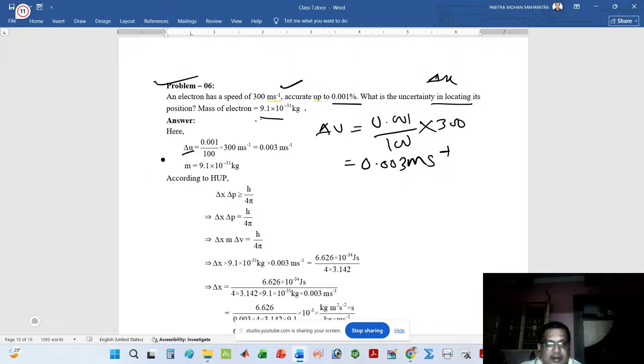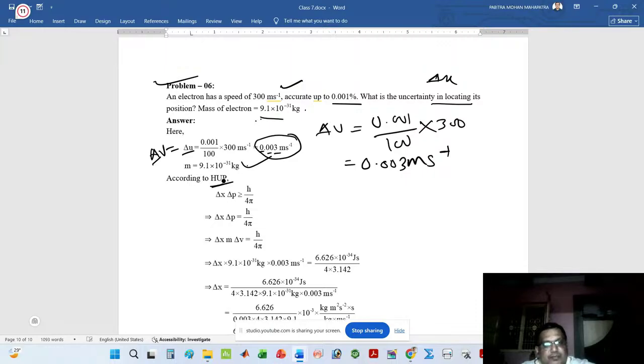So here del u is equal to 0.003 meter per second. This is the value of del u. Next, del u, or you can say del v. Mass of electron is 9.1 into 10 to the minus 31 kg.